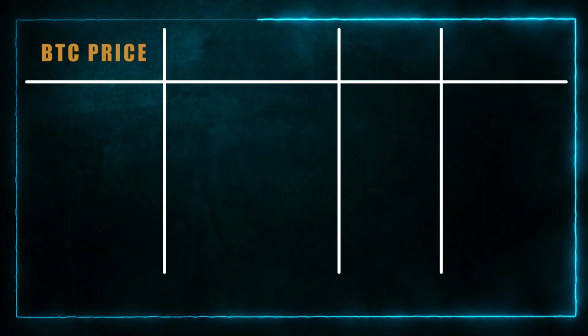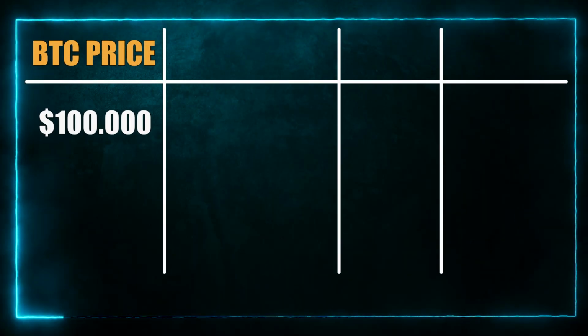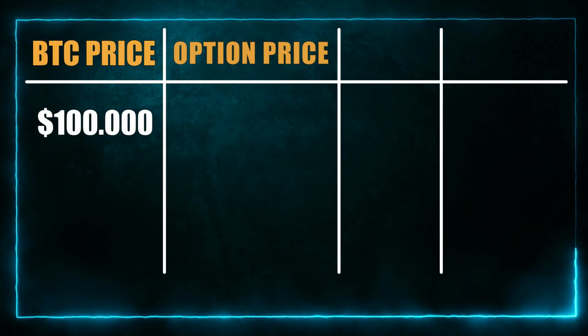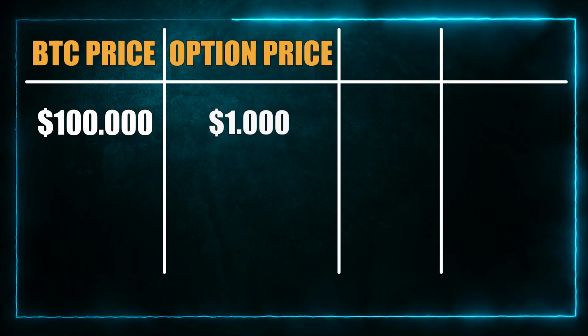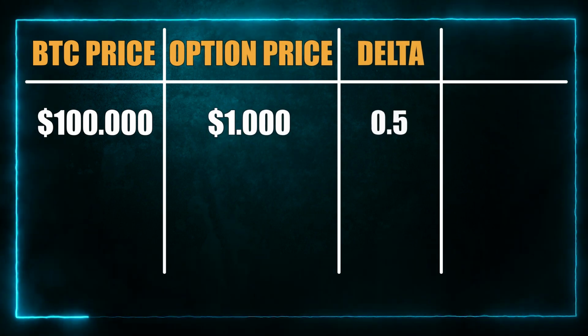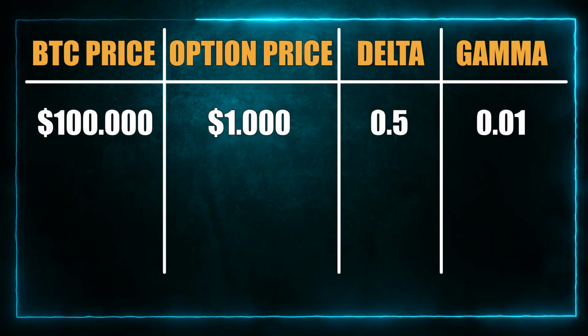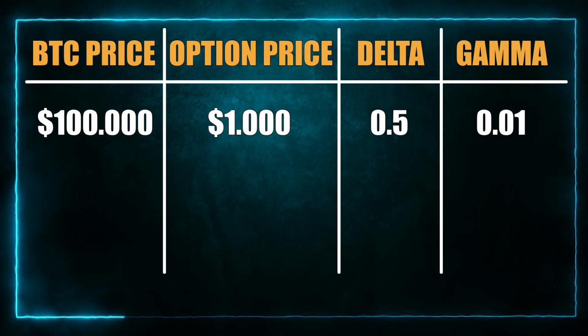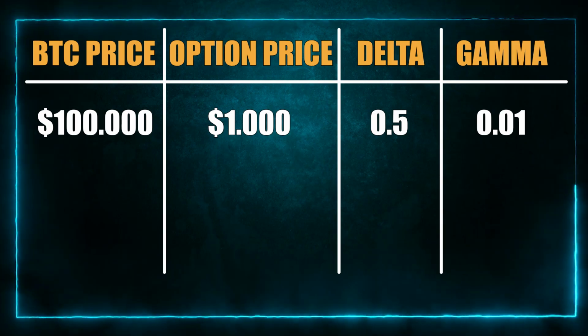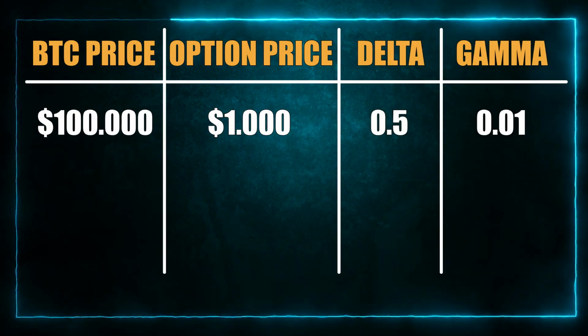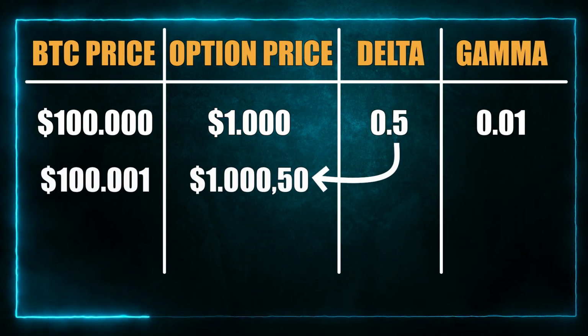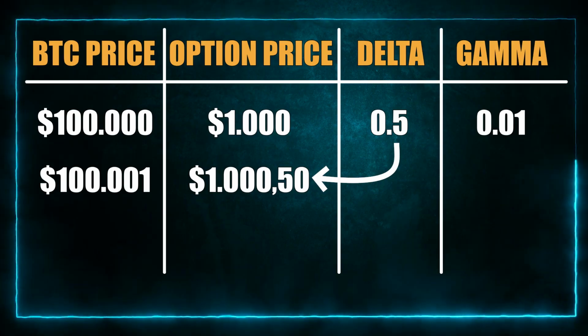Now let's take a look at the same example, but with gamma. The price of Bitcoin is still at $100,000. The option price is equal to the same $1,000. Option delta is 0.5 and gamma for the option is equal to 0.01. Let's assume that the Bitcoin price increases by $1, from $100,000 to $100,001.